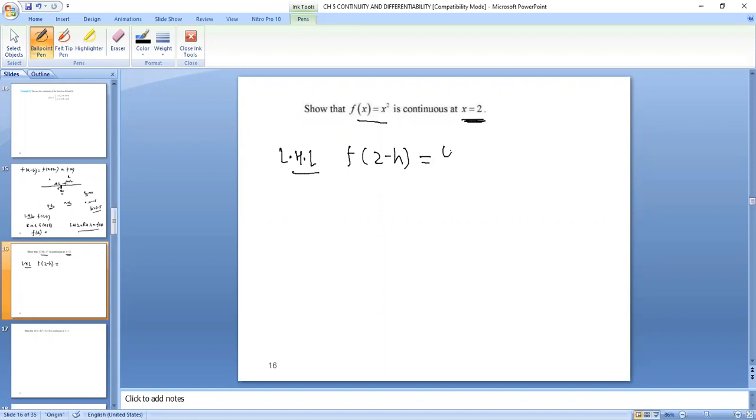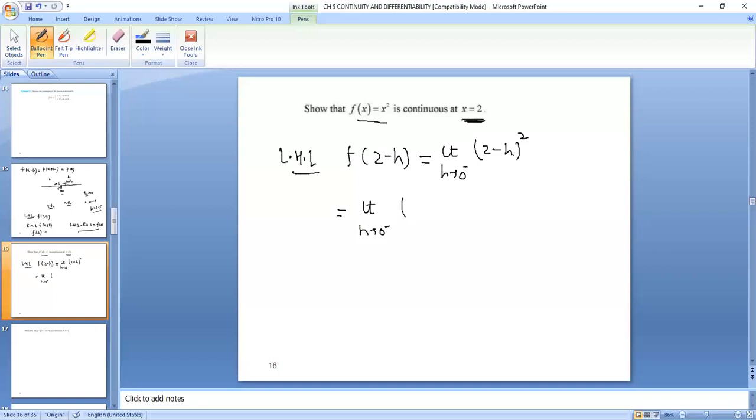It will be limit h tending to 0 negative, right? And h is very small, approaching 0, and f of x is x square, so f of 2 minus h will be 2 minus h square. So we will solve, limit h tending to 0 negative.